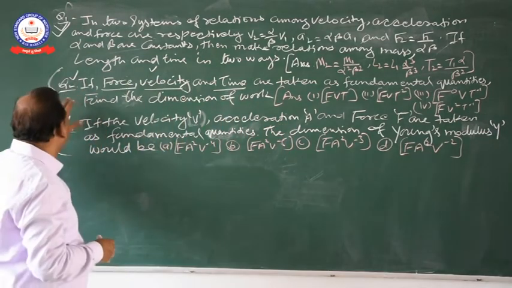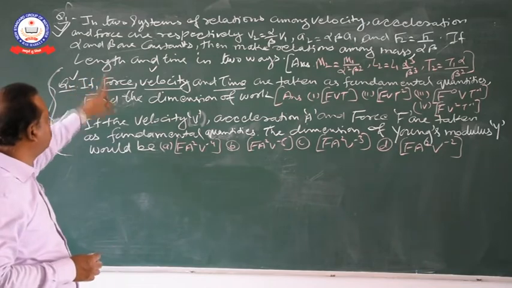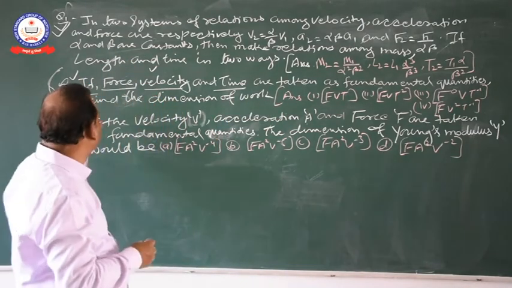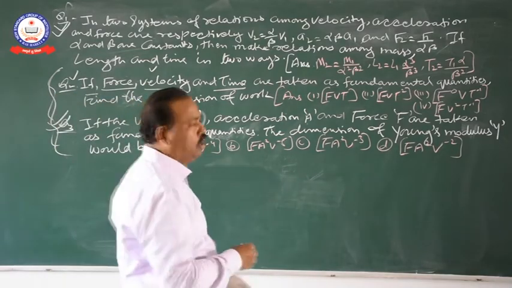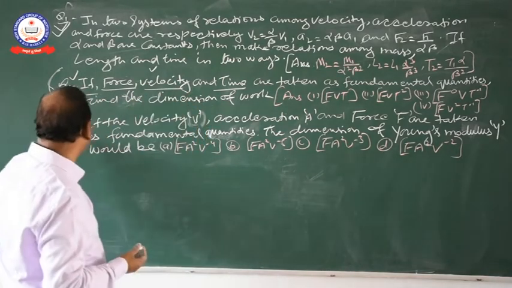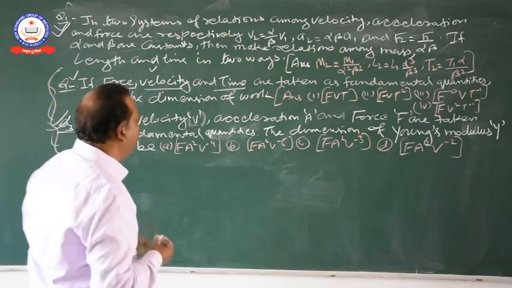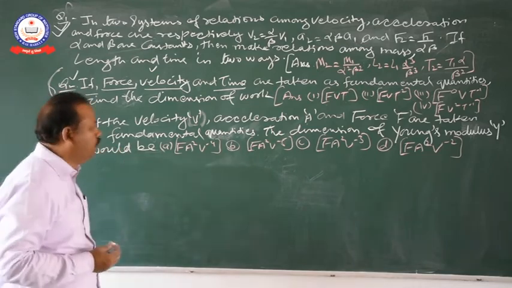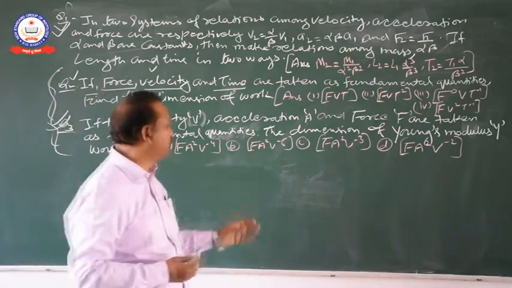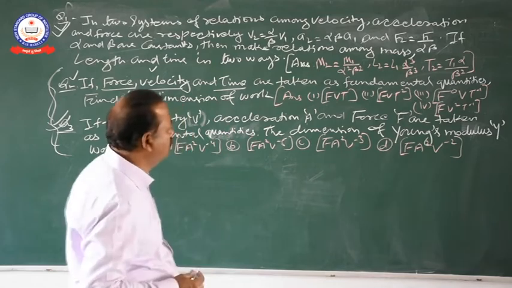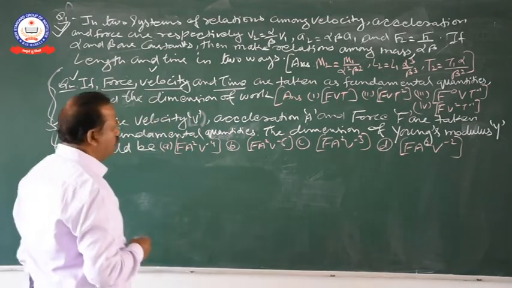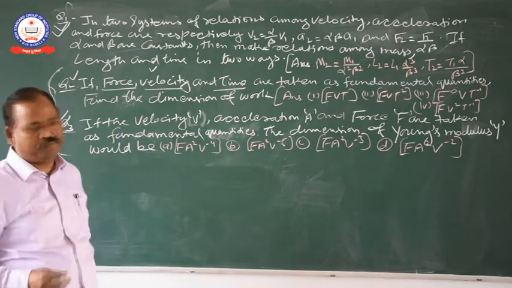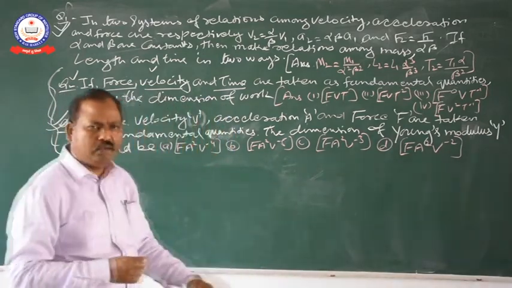Try it. Second: if force, velocity and time are taken as fundamental quantities, then find the dimensions of work. Very easy. Third: if the velocity v, acceleration A and force F are taken as fundamental quantities, then the dimensions of Young's modulus would be, four options are given.